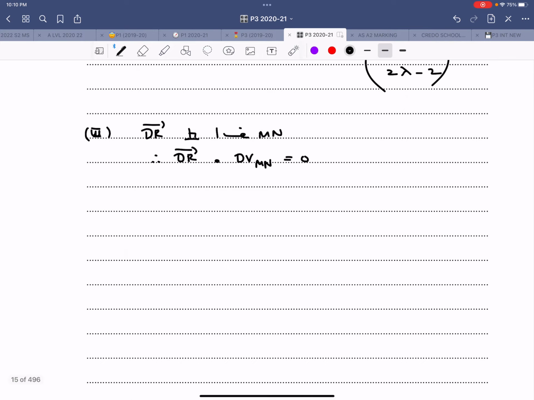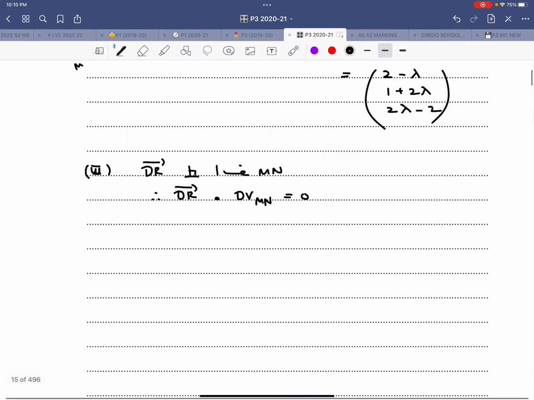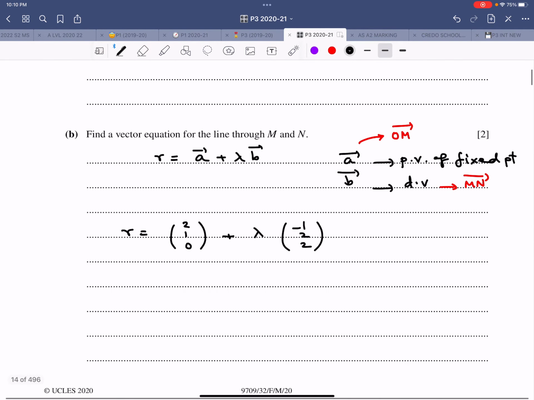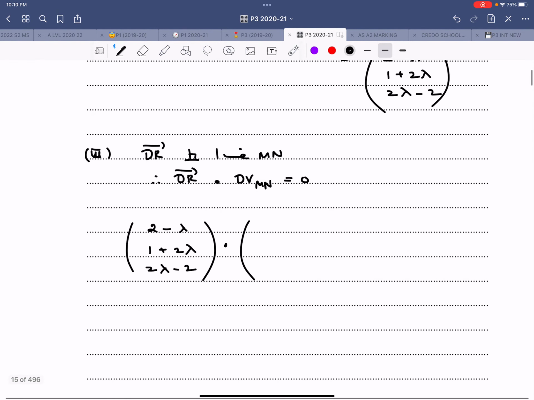Now remember the rule for dot product: if two vectors are perpendicular, then the dot product is 0. So DR is 2 minus lambda, 1 plus 2 lambda, and 2 lambda minus 2, dot product with the direction vector of line MN, minus 1, 2, 2, should equal 0.